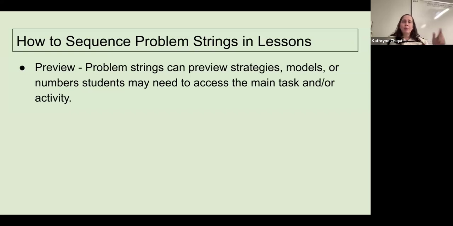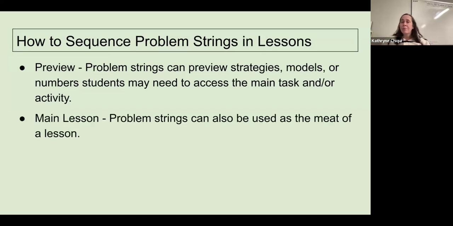And so doing a problem string where you get that exposure of how to think about eighths as they're related to twelfths can really help students get grounded and access those numbers so that when you're giving them the task, they're not caught up in the numbers. They're able to use the numbers to help problem solve and reason through the task itself. And so that preview piece can be really good use for problem strings.